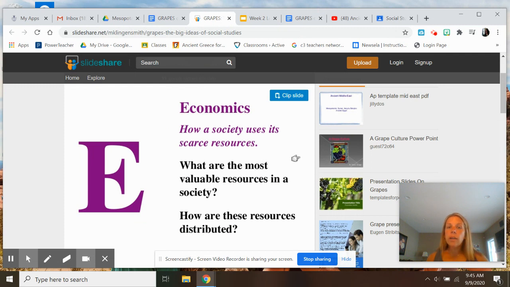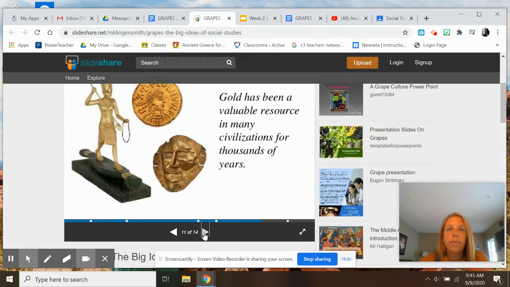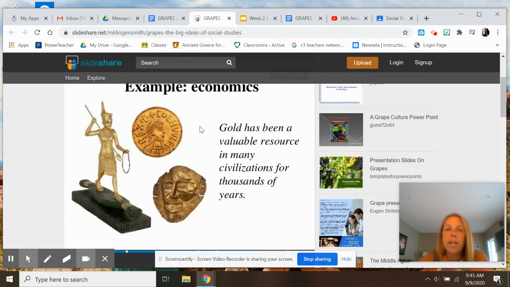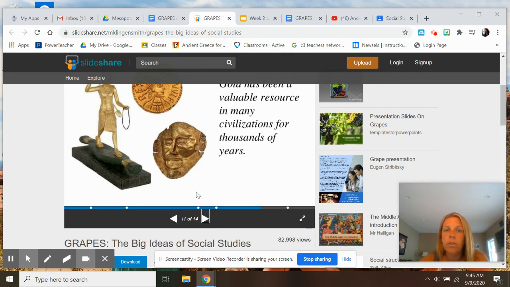What are the most valuable resources in a society? And then how are these resources distributed? So, goods and services of value, and then how do we provide those to others, and how do we get those resources? Here we have gold has been a valuable resource in many civilizations for thousands of years. Gold still is a valuable resource.